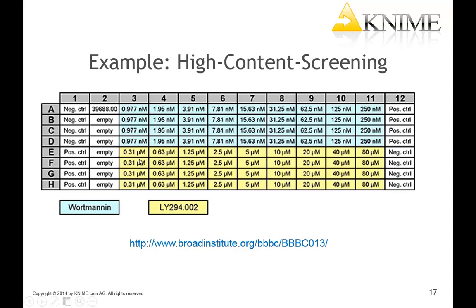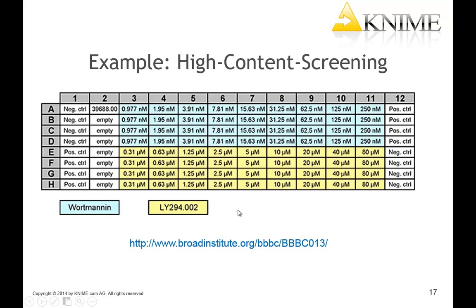And the aim is of course to count for each single well the number of positive and negative cells, and what tells us what are positive or negative cells are the control rows in the first and the last column. More details about the dataset and the biological background can be found here.